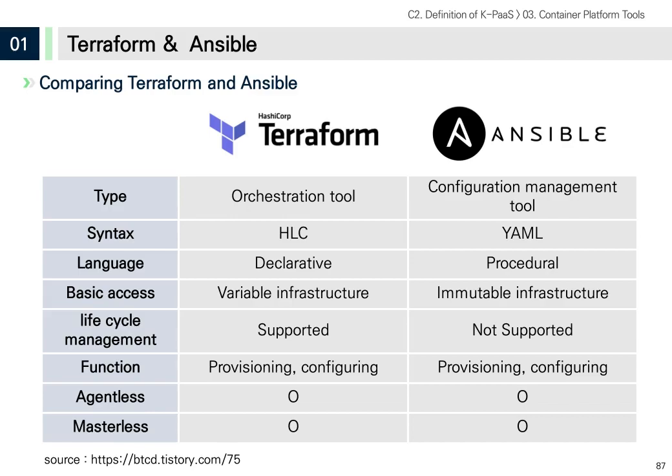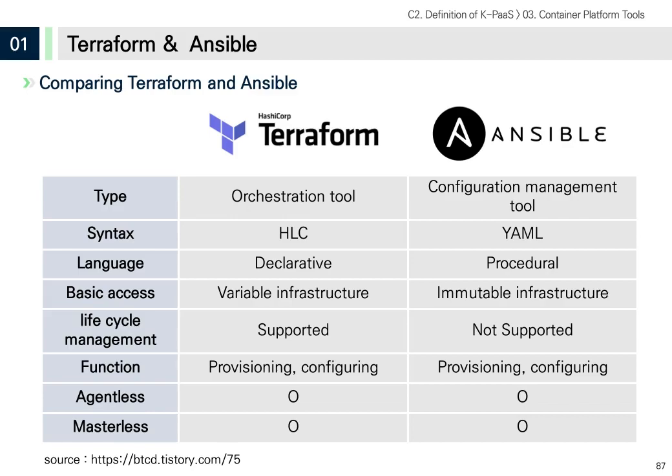Now let's get down to business and compare the two tools. Since Terraform is an orchestration tool, it provides a comprehensive solution for infrastructure management, provisioning and deprovisioning infrastructure based on declared resources using cloud provider APIs. Ansible, on the other hand, doesn't offer as comprehensive a solution as Terraform.